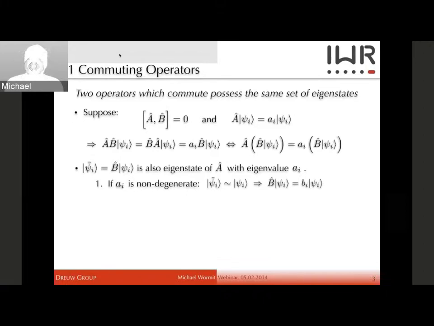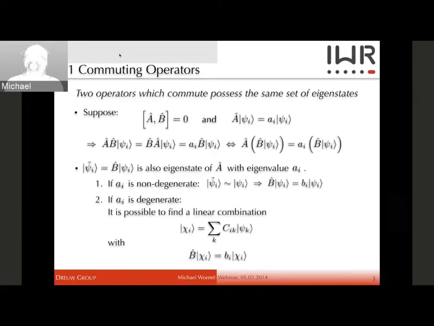The second case would be that A I is degenerate, and then one can show in a few steps that you can linearly combine the degenerate eigenfunctions or eigenstates of A into a state chi, which is then in turn an eigenstate of B. That's a bit messy to show, but it's not a problem.